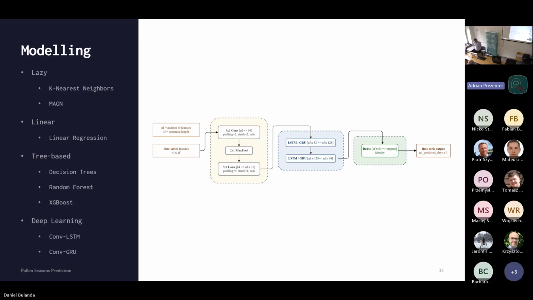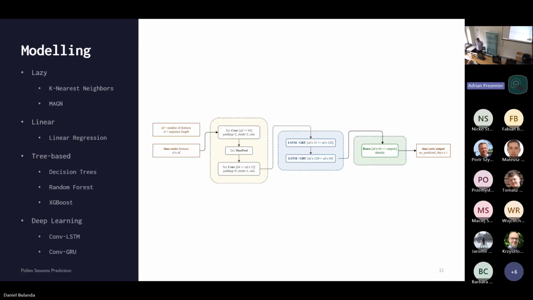We use linear regression from the linear family, and this is the only model which assumes a normal distribution of data and some other assumptions, so this one is the only parametric model, the others are not. For tree-based models, we decided to use 3 because they are very popular in such applications: decision trees, random forest, and XGBoost.